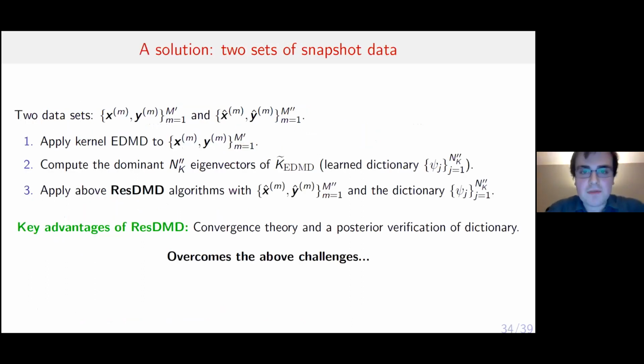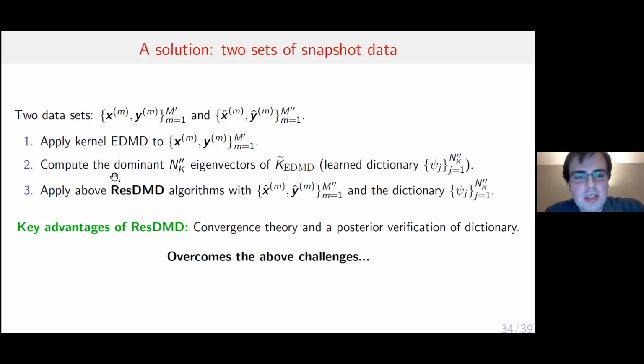The idea is to have 2 sets of snapshot data. You can view this as a test set and a validation set. So I have my first set, x, y, snapshot data as before, and now I have a second set, x hat and y hat. And there's this 3-step procedure. In the first step, I apply kernel EDMD to this first snapshot data.